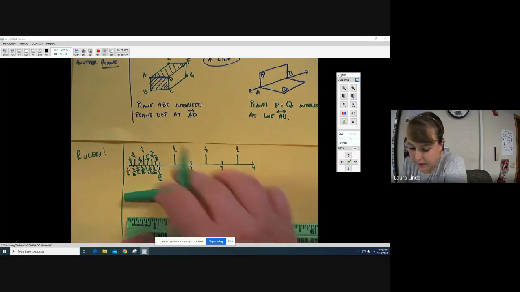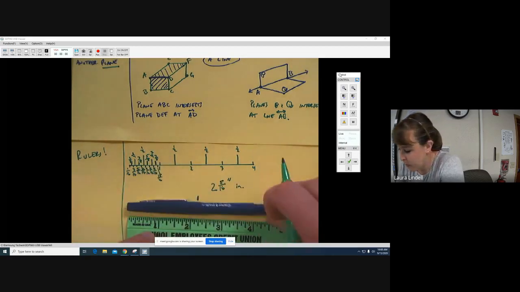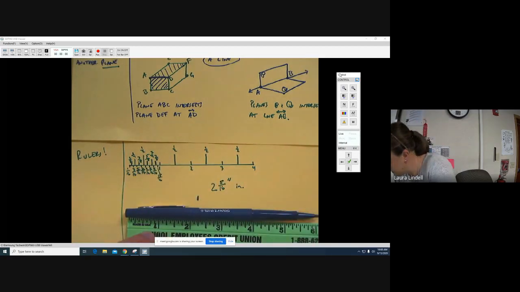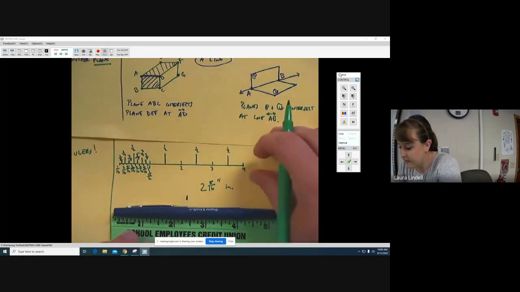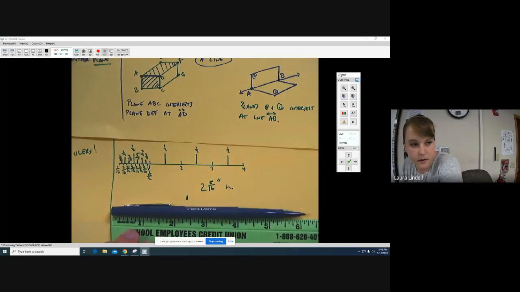Let's measure one other thing. Let's measure the whole pen. I'll move this over so we can all see it. This one looks like it goes out to about here. So we have 6 total inches. And then we have 1, 2.